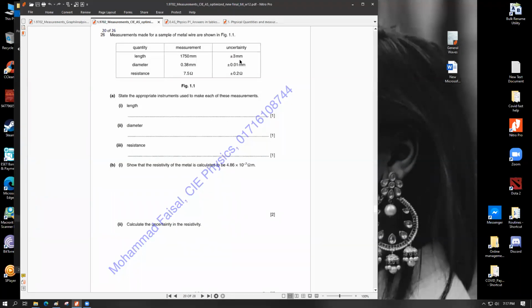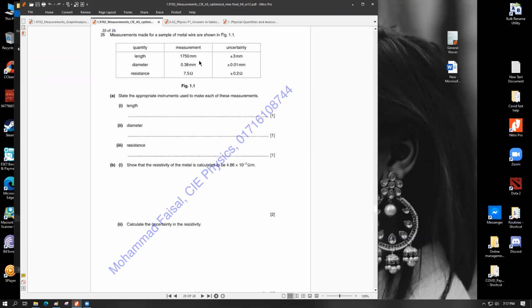Have a look at these two data. Here it says the uncertainty is plus minus 3 millimeter. This would essentially mean every measured value that you get out of that device should be a full multiple of 3 millimeter. So you can measure 0 millimeter, 3, 6, 9, 12, 15, 18 millimeter, and it goes on. That should be a full multiple of 3 millimeter, because your step size happens to be 3 millimeter.